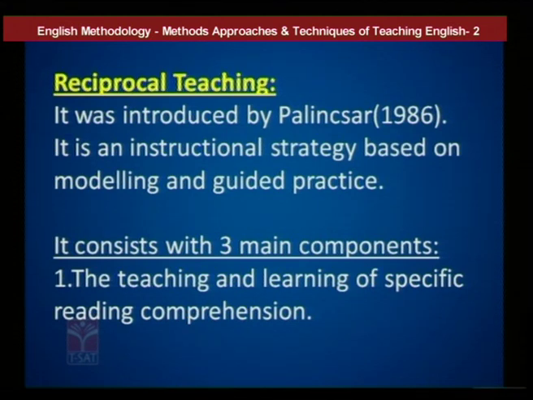Reciprocal teaching consists of 3 main components. It was introduced by Palincsar in the year 1986. So, this is an instructional strategy based on modeling and guided practices, and it consists of the 3 main components.